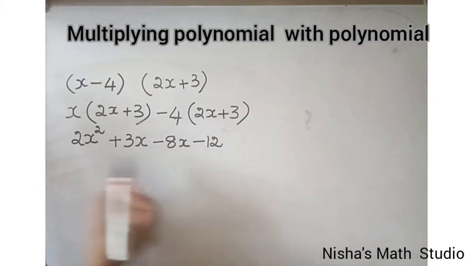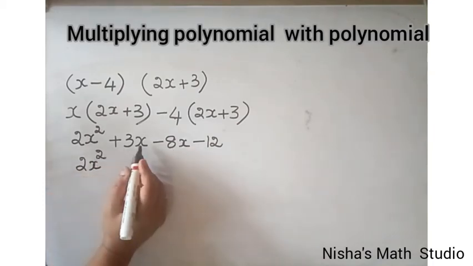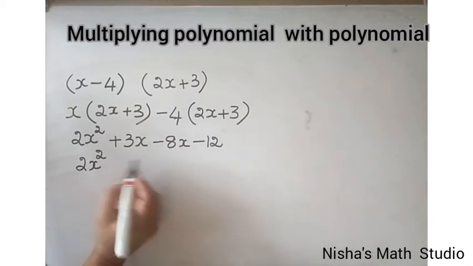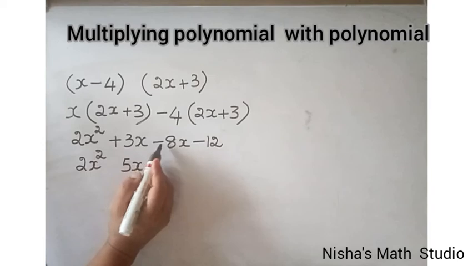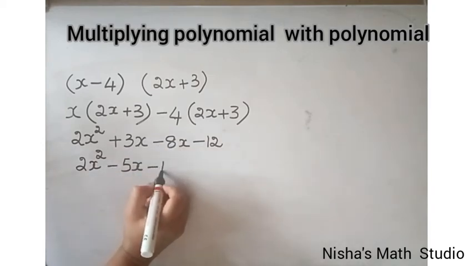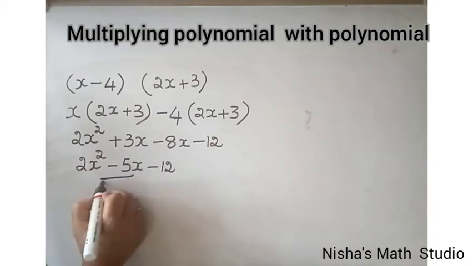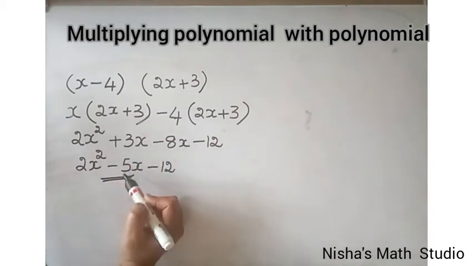I can simplify this. 2x square plus 3x minus 8x will give you 8 minus 3 is 5x. Bigger number is 8, its sign is negative. Again minus 12. So in your final answer, if you have like terms, you can simplify it.